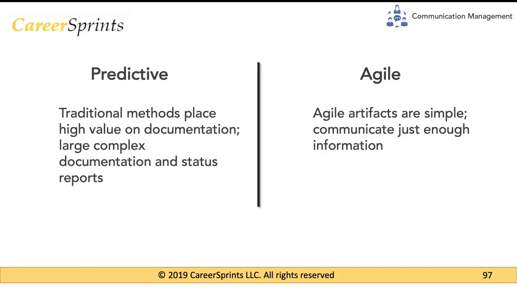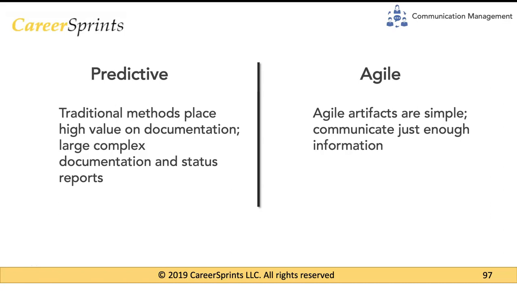So if you look at agile artifacts, agile artifacts are very few. You have a product backlog, you have a sprint backlog, maybe you would have an impediment log at most, and you have the increment, which is not necessarily a document, but a working artifact that you show to someone and you get feedback about it. So agile communication really focuses on taking the fluff out of the documentation and keeping it minimalistic.